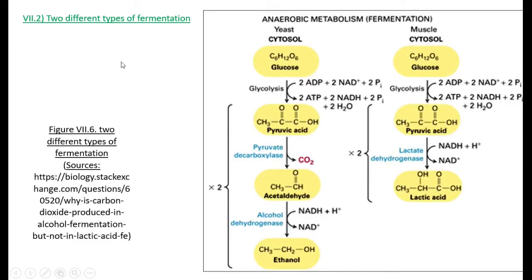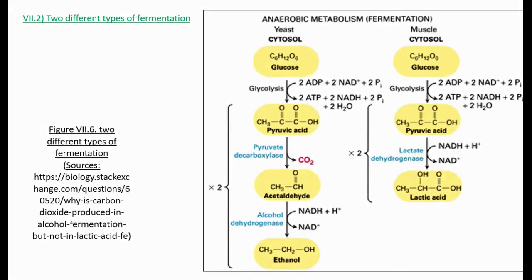Now then, we've detailed the different examples, we said where fermentation takes place and what was the purpose of using fermentation. We are now going to have a look at 7.2, two different types of fermentation. These are the two different types.